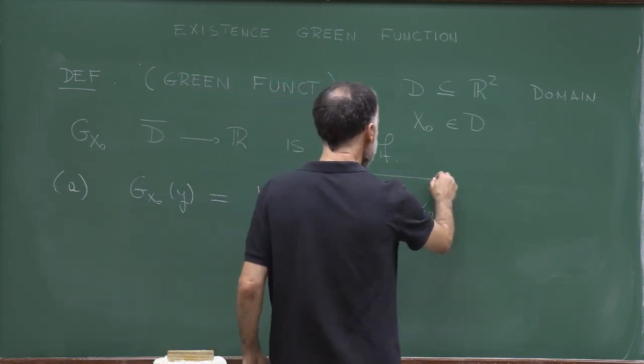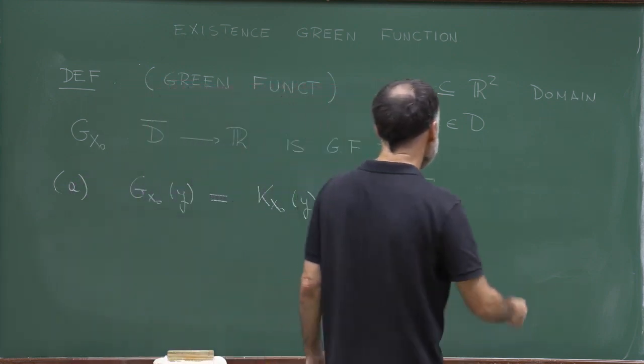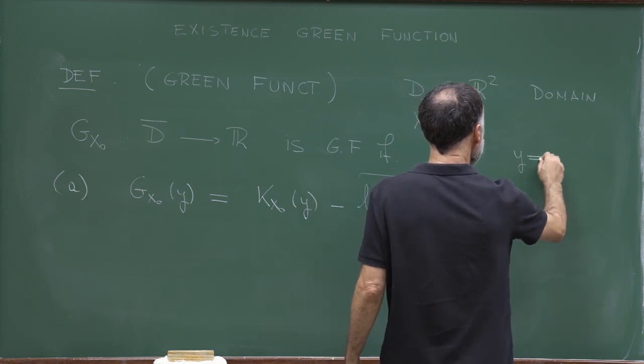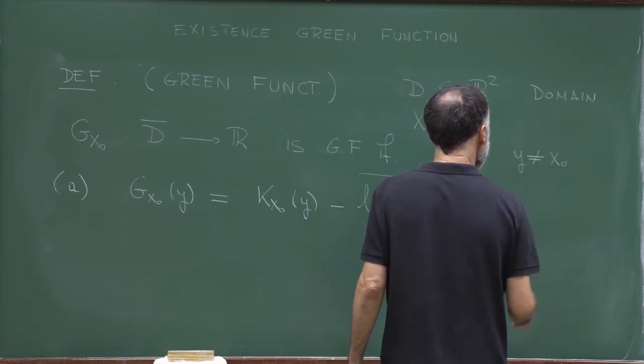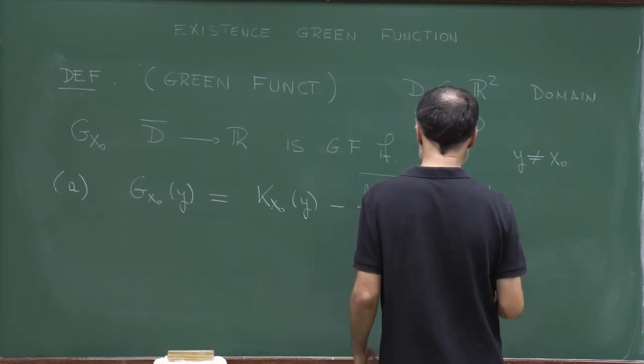So I want g to be a smooth function minus a function which has a singularity at x0. Why I'm taking here log of y minus x0 is for the following reason. If you take y different from x0 and you compute the derivatives of this function, you realize that this function is harmonic.